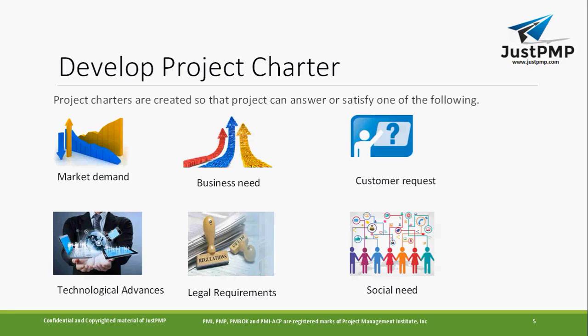Social need: based on the social requirement, if you want to provide free internet service to the rural area, this is a social activity you want to do, and this is a new project basically. And when you're trying to fulfill this new project, you will be developing a project charter in that case.